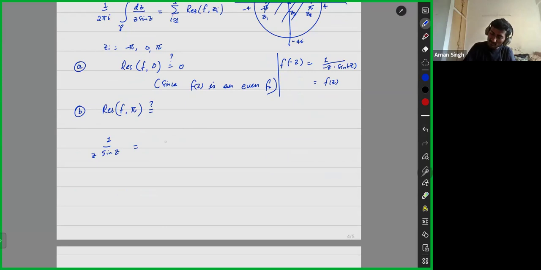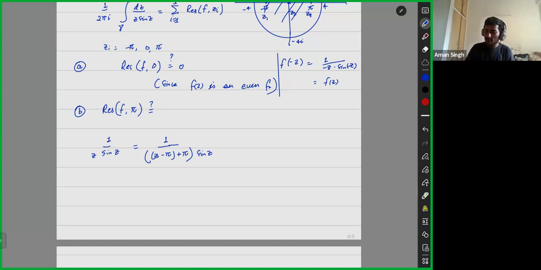This can be written as 1 by (z minus pi plus pi), and after this we have some multiple also, sine z, and sine of z minus pi. What happens to that?